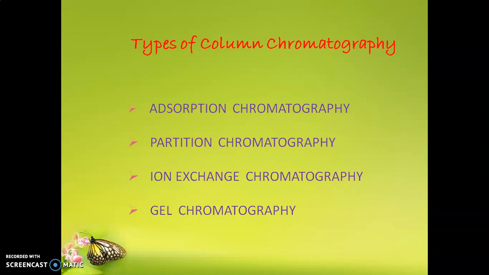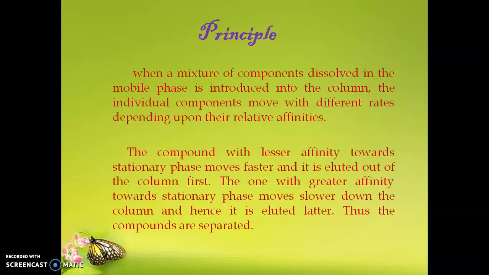There are various types of column chromatography such as adsorption chromatography, partition chromatography, ion exchange chromatography, and gel chromatography. Now, what is the principle of column chromatography? When a mixture of components dissolved in a mobile phase is introduced into the column, the individual components move with different rates depending on their relative affinities.